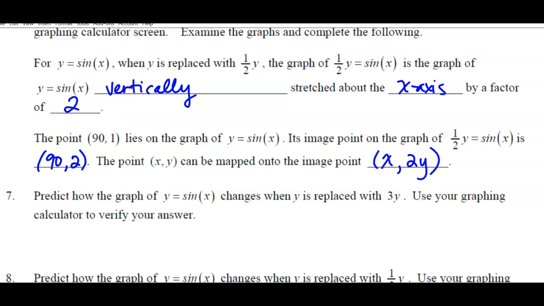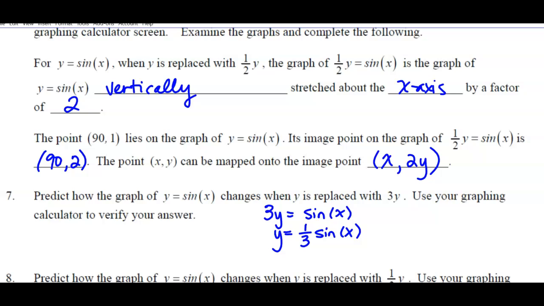Okay, if we replace y with 3y, then remember if we solve for y, it tells you what happens, right? So if you wanted to do that, you can.